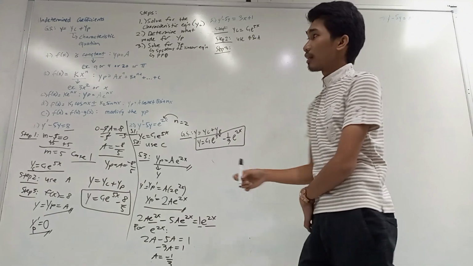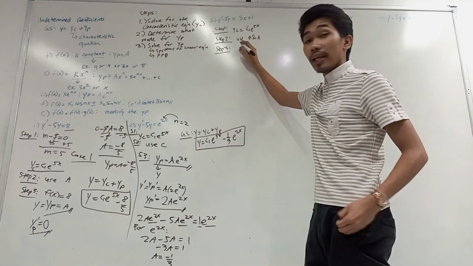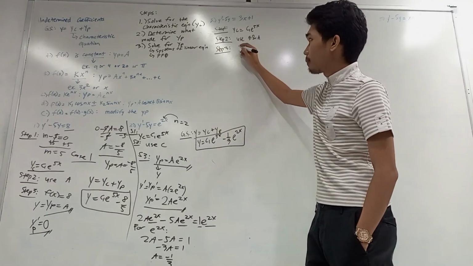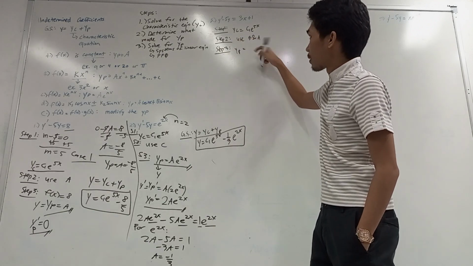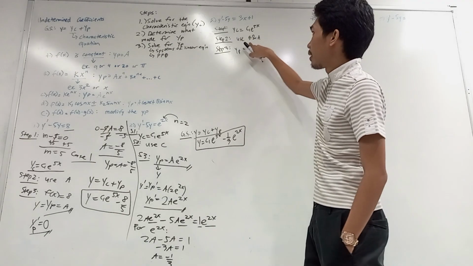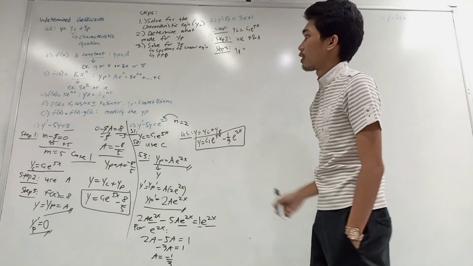Step 3. Ang step 3 natin is find yp. So, sa pag-find sa yp, which is yp natin equals to, unahin natin si B. Kasi yun man yung 3x.